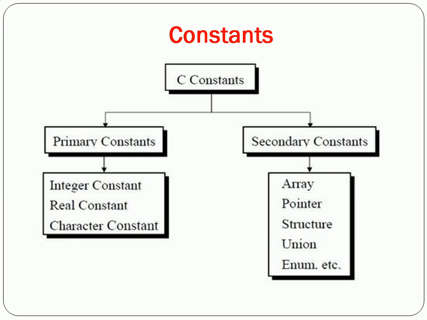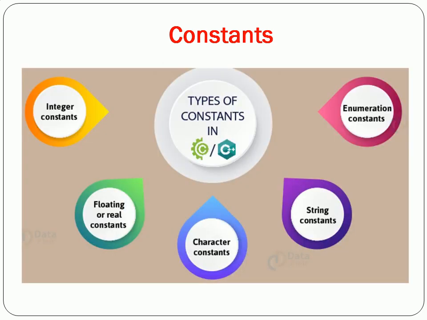In primary constants, we have integer constant, real constant, and character constant, etc. In secondary constants, we have array, pointer, structure, union, enumerator, etc.